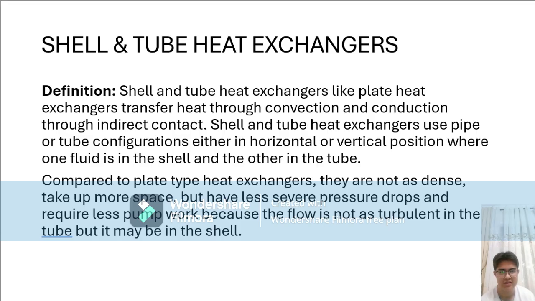If flow is turbulent, fluid particles cannot settle and create this boundary layer, because the fluid goes through a virtual tunnel, and also because the nature of a plate type heat exchanger is that it requires more pump work. It's similar to the problem of the chicken and egg, where one thing precedes another, but in a plate type heat exchanger, all of these are true all at once.